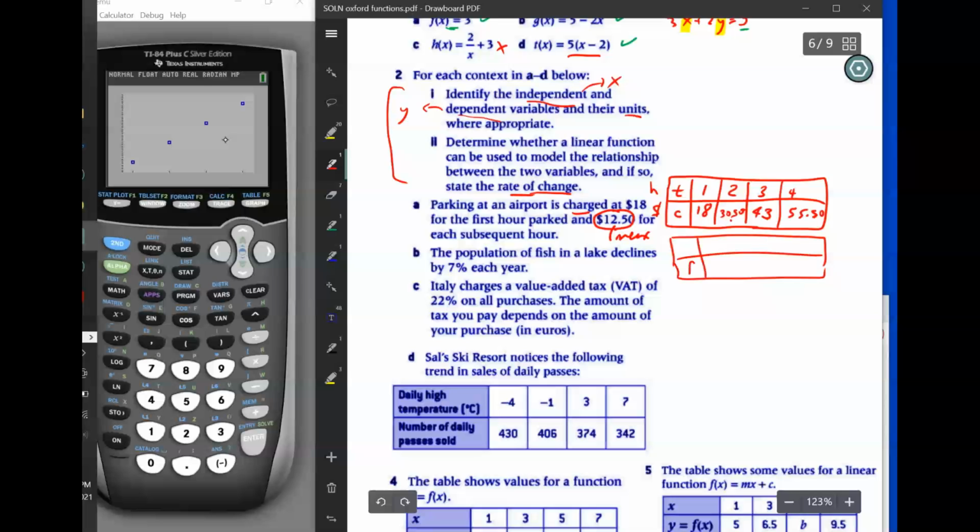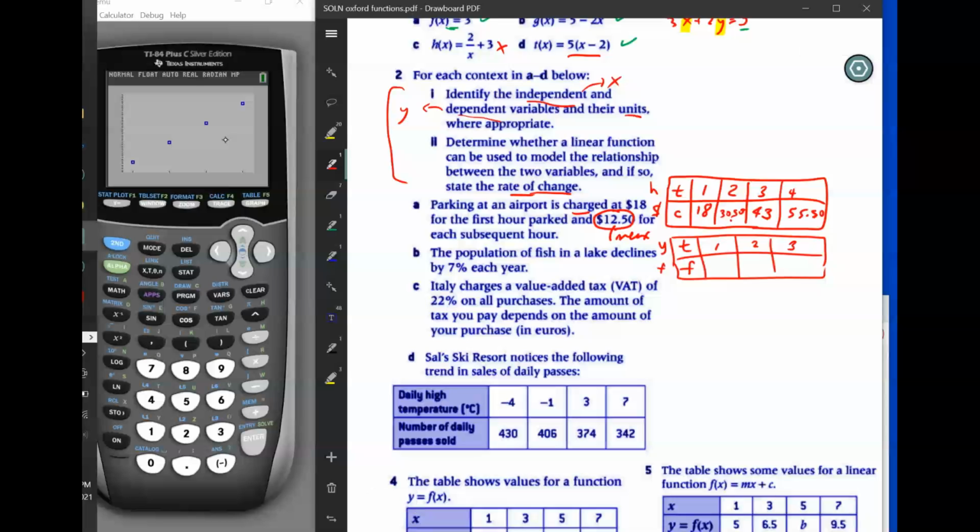Okay, but let's put fish, which would be the output or the dependent variable, and let's put year or time. The unit used for time is year, and the unit for fish is just fish. And so we'll do like year 1 and year 2 and year 3.